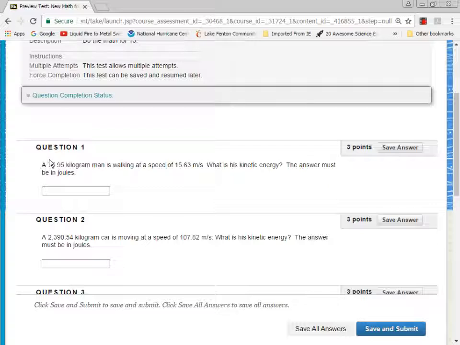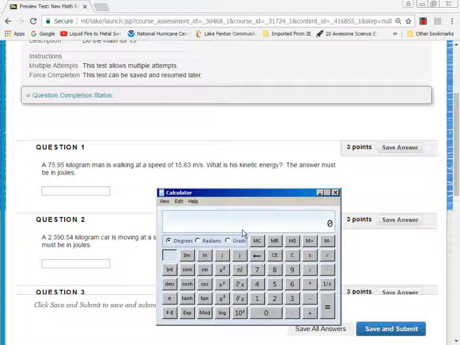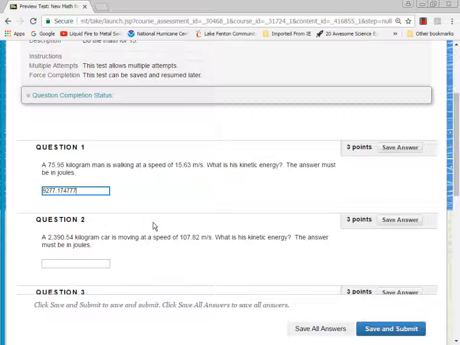We got 75.95 kilograms, so you put that in, or you can put in 15.63, square it, times 0.5 times 75.95 in parentheses, equals. Copy, paste that in there, and go to your second decimal.